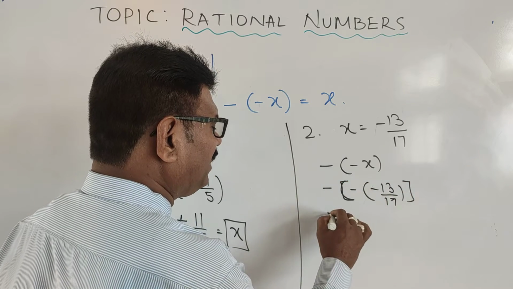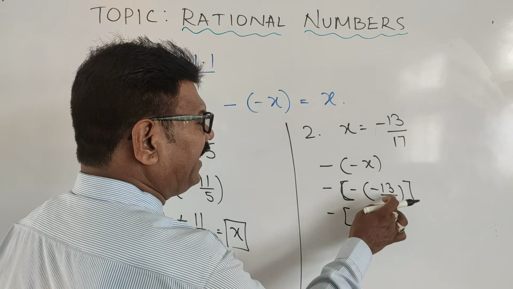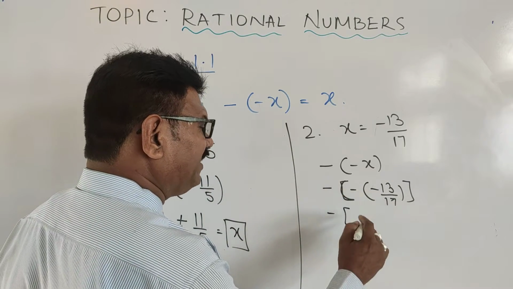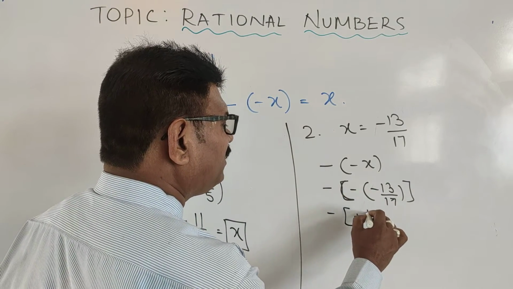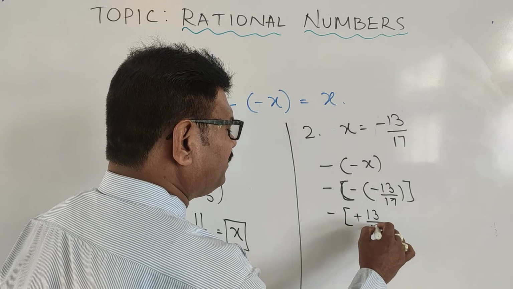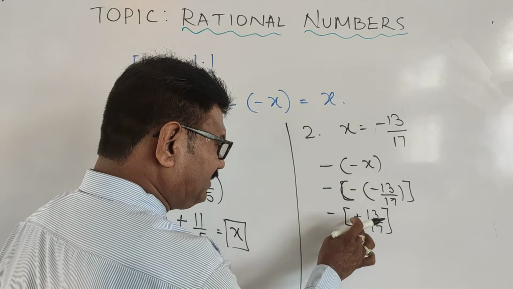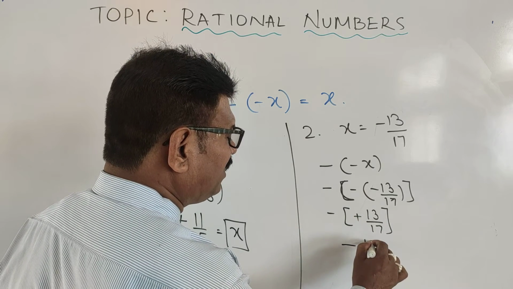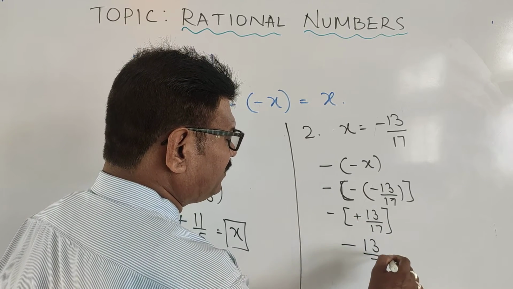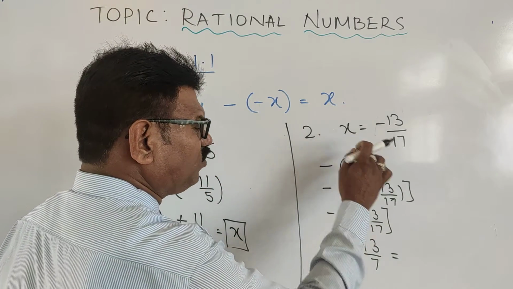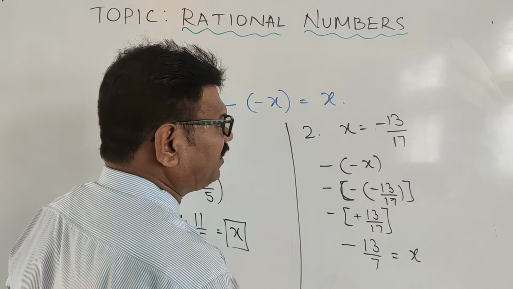Very important. Again, I told you a number should have only one sign. Therefore, minus into minus plus 13 by 17. Now again bracket is there. Minus into plus, minus 13 by 17 is x. That's all.